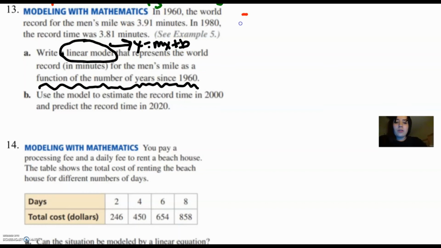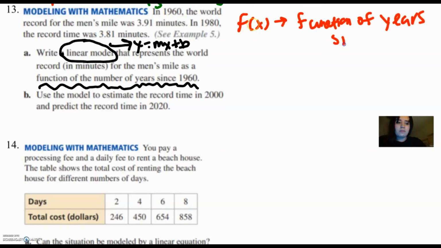We need to figure out that a function of x, in this case, is a function of years since 1960. So years since 1960 is x, and our y is then the record in minutes.